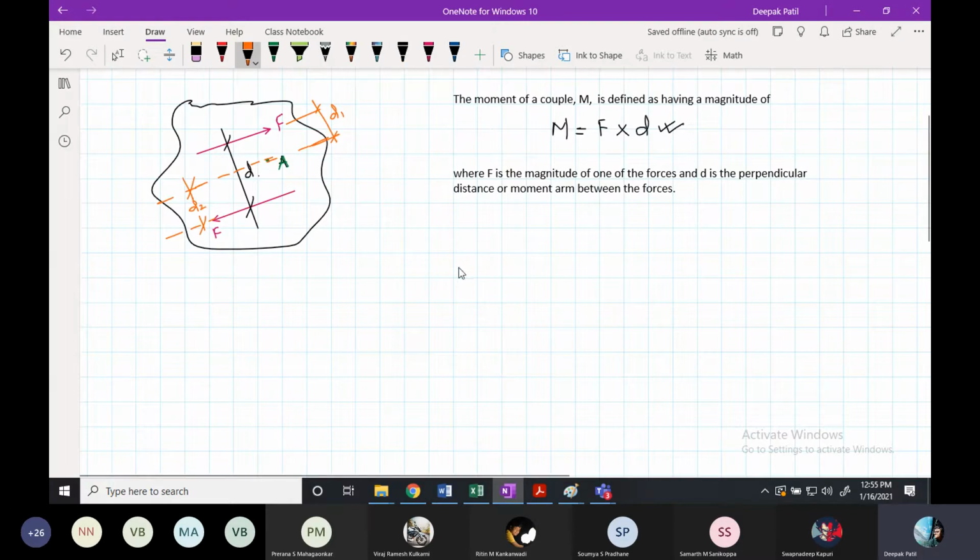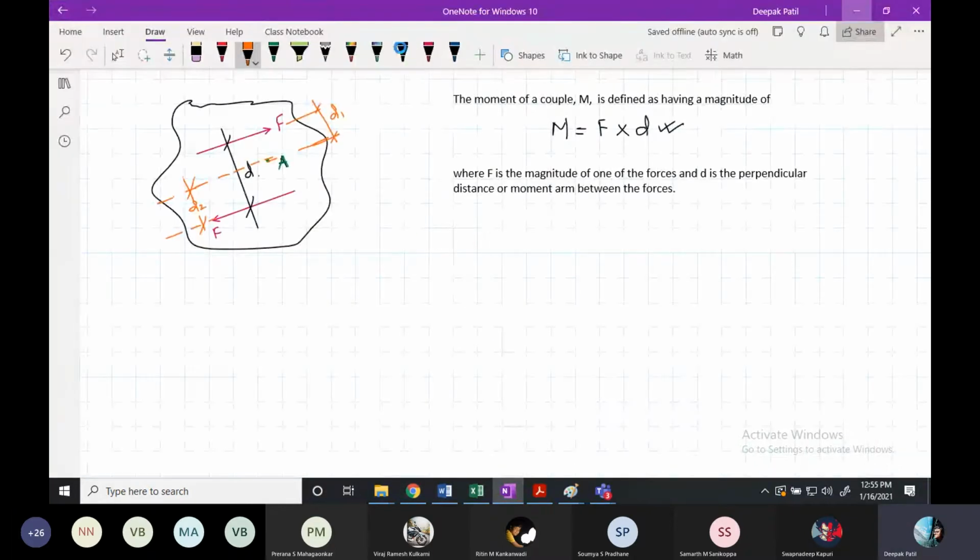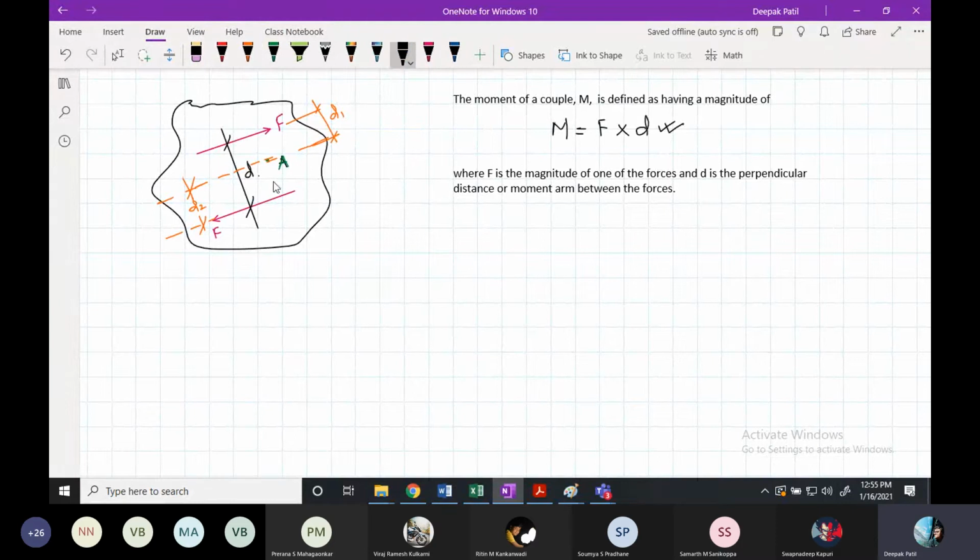Right. Now let me try to calculate what is the moment produced by these two forces at point A. So I can write M equal to, first because of this force, F times D1. And let me calculate the moment produced by this force about point A. Now you can see I'm writing positive purposely because the moment produced by this force at point A is clockwise, and the moment produced by this force at point A is also clockwise.